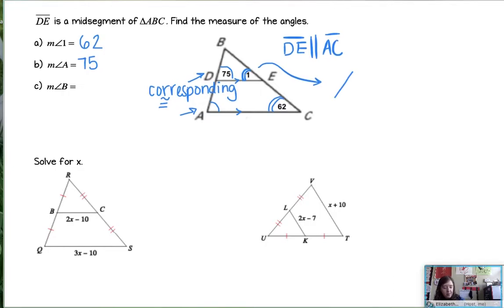So, I'm going to redraw this triangle real quick. Here's D. Here's B. Here's E. We knew that angle was 75, and we just figured out that this angle over here is 62.